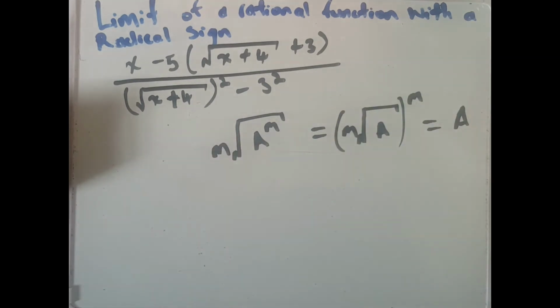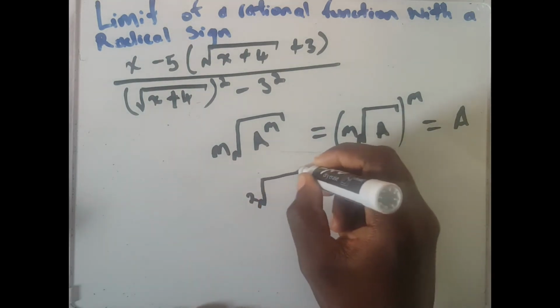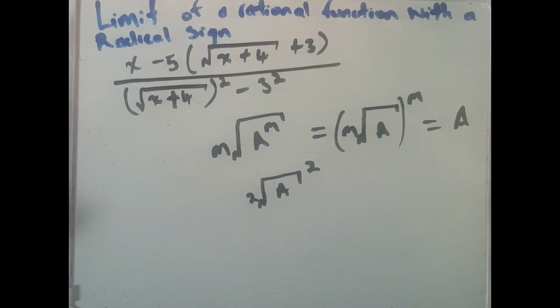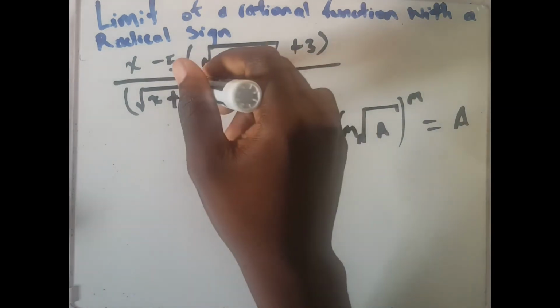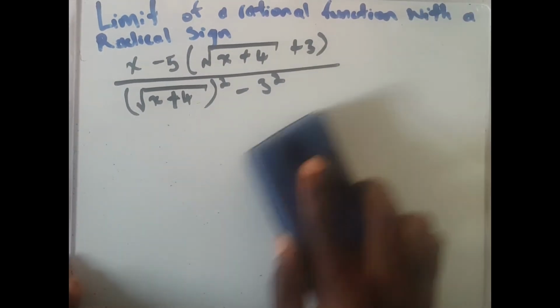Same thing goes for the square root. For a square root, you don't have to write a 2 here, because it's known generally that there's a 2. So the 2 cancels the square root. So I'm left now with whatever is under the square root.